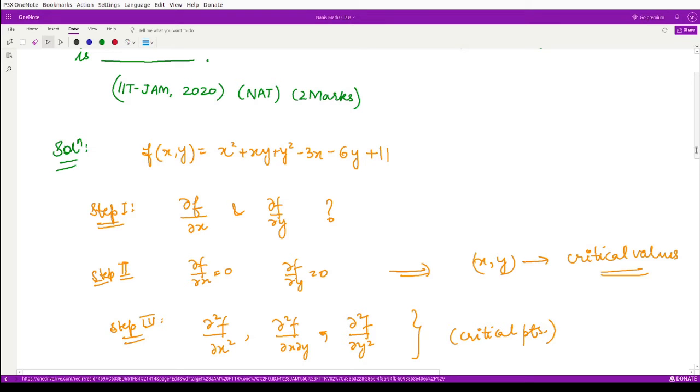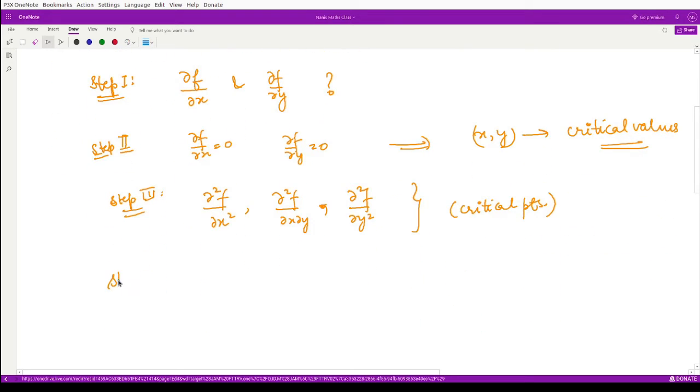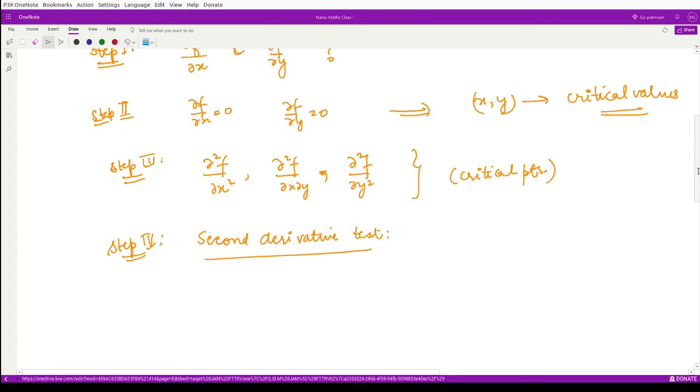Then in step 4, you will apply the second derivative test. It gives you the conditions for maxima and minima.